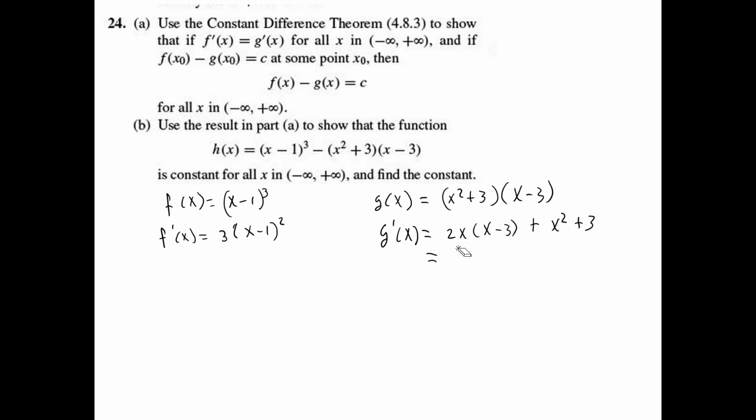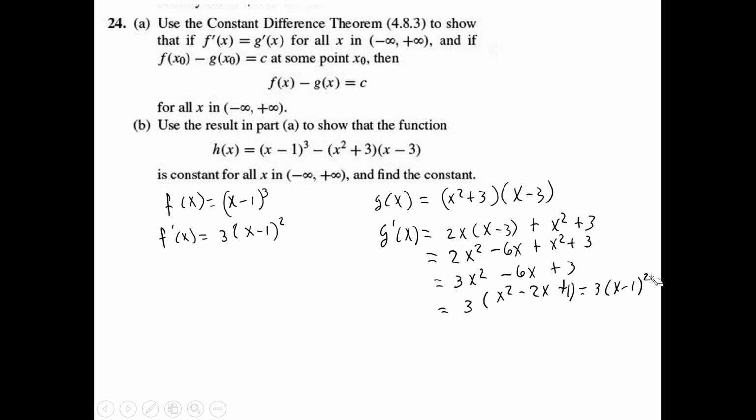Okay, and so then if we distribute, we will get 2x squared minus 6x plus x squared plus 3. So then we will get 3x squared minus 6x plus 3. So then we will get 3 times x squared minus 2x plus 1, which is 3 times x minus 1 squared.